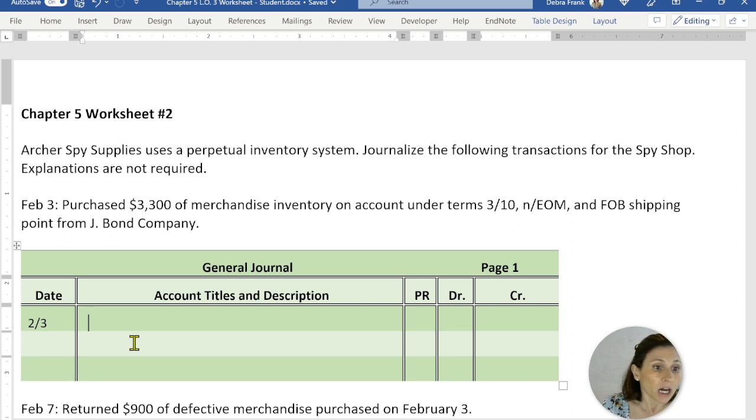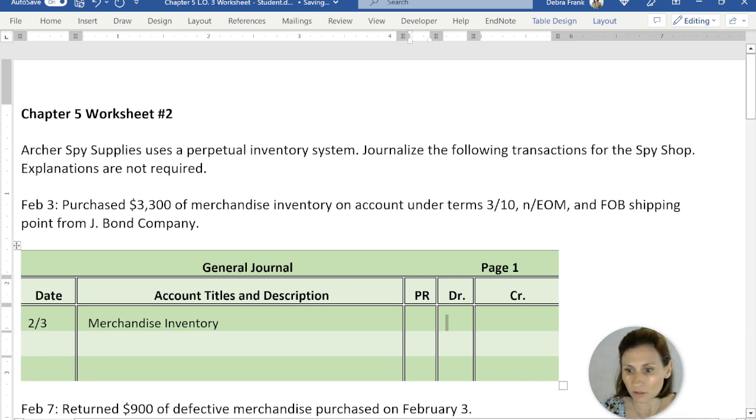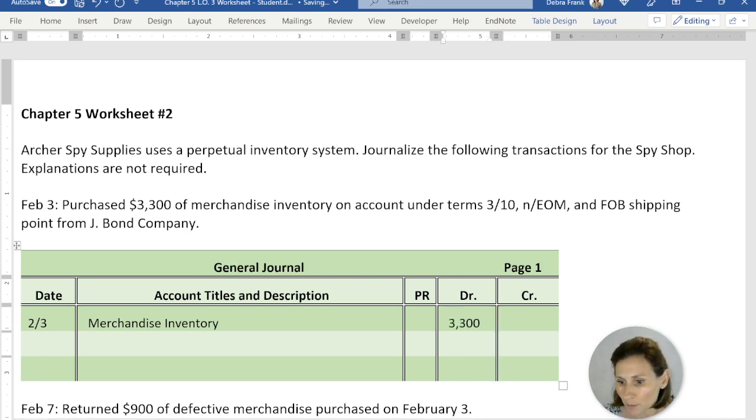Okay. So let's first do our journal entry for that merchandise inventory that we got. We got merchandise inventory for the value of 3,300. Then we didn't pay cash out, so we have accounts payable as well for the 3,300.